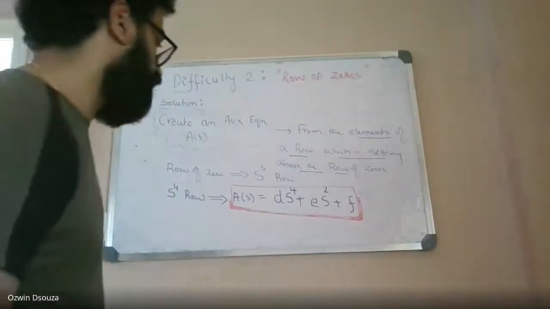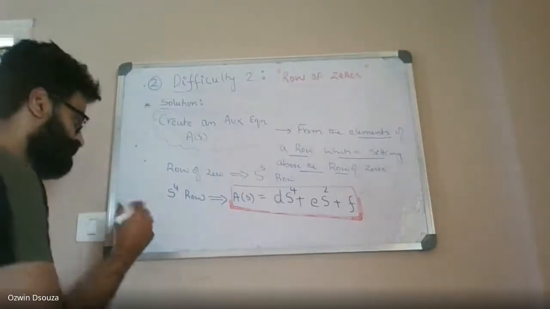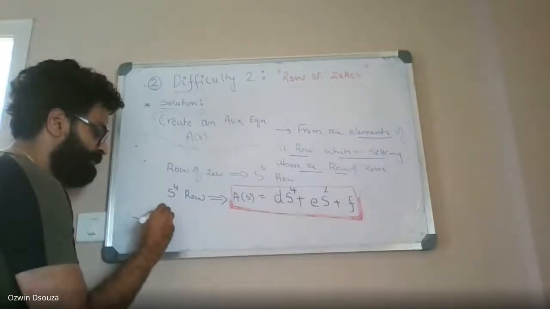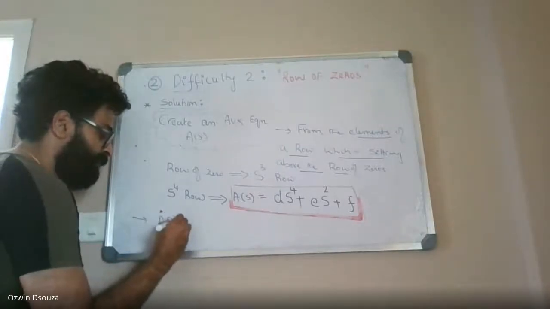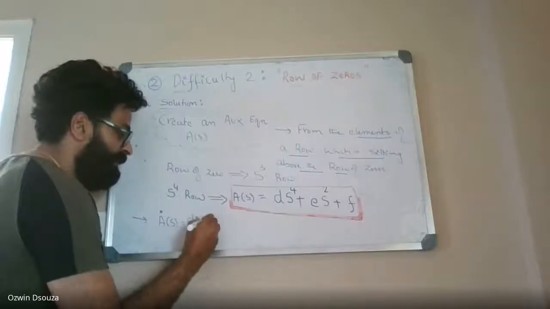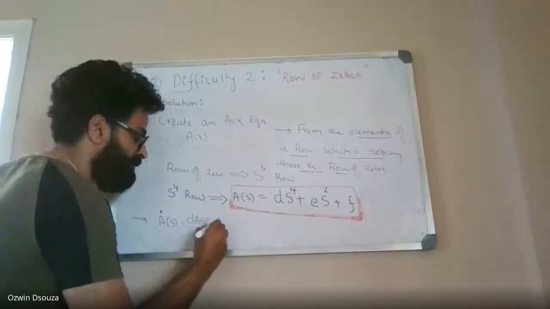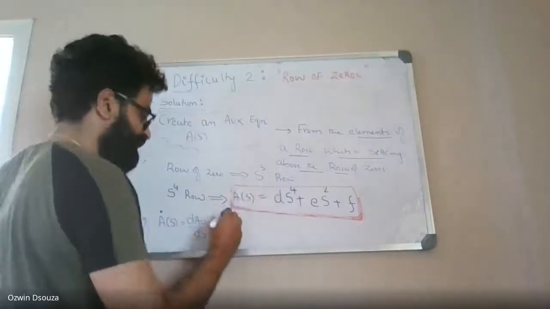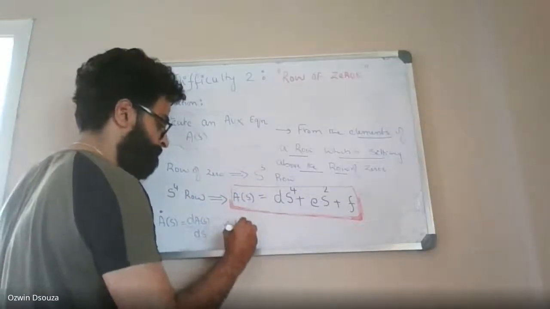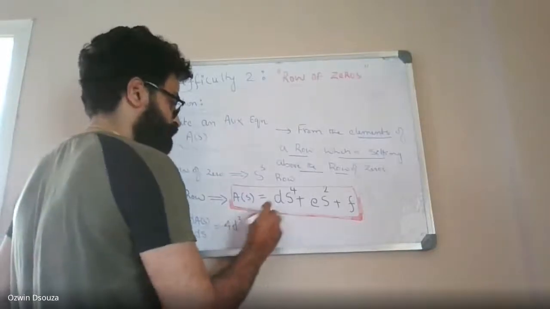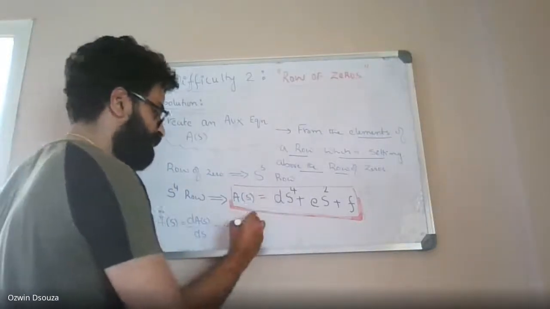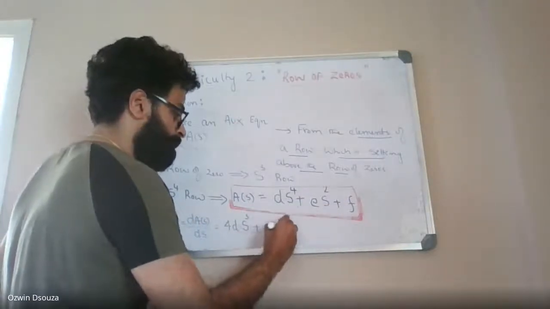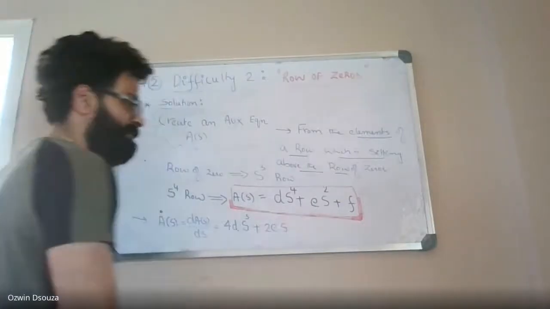After writing down the auxiliary equation, what you can do is differentiate the auxiliary equation with respect to s. So differentiation means A dot of s, which is nothing but dA of s with respect to s. So when you differentiate, what are you going to get? 4D into s cube plus 2E into s.